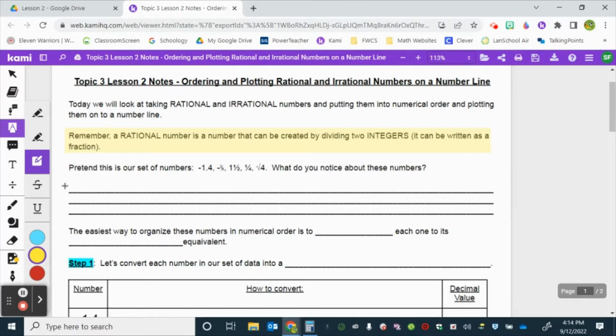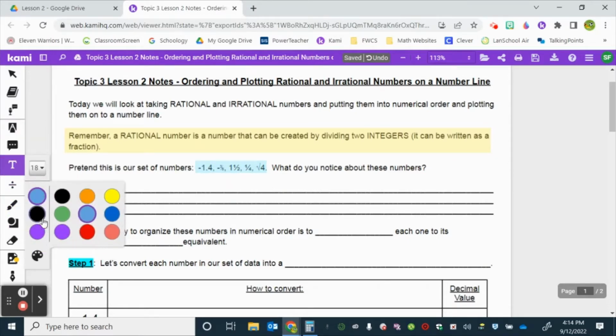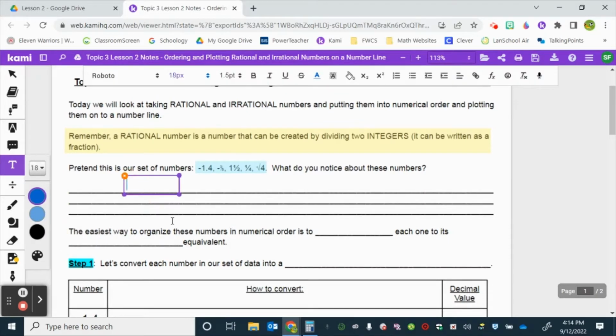So my first question to you is this. Let's pretend that this is our set of numbers: negative 1.4, negative 3/5, 1 1/2, 1/4, and the square root of 4. And my question to you is, what do you notice about these 5 numbers? When I look at these 5 numbers, I notice right away that I have different formats.